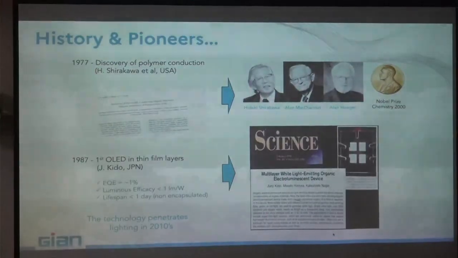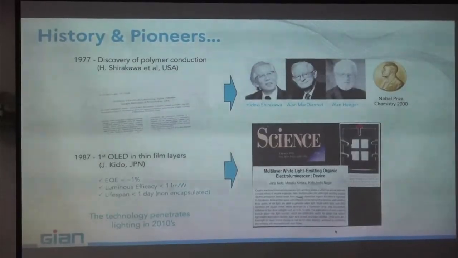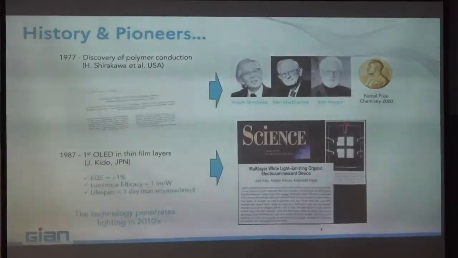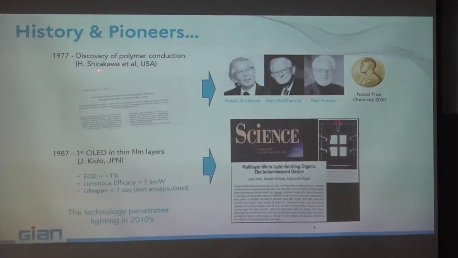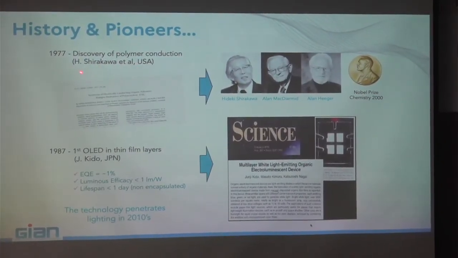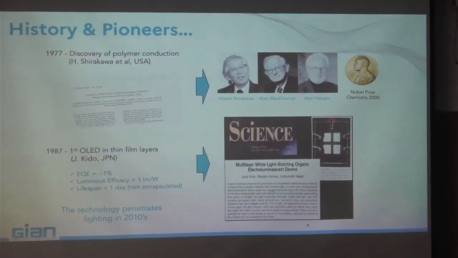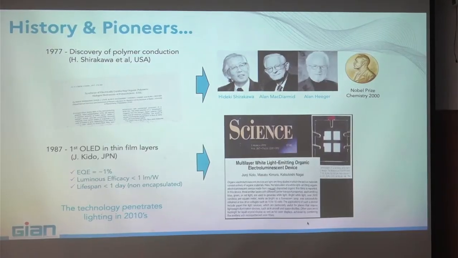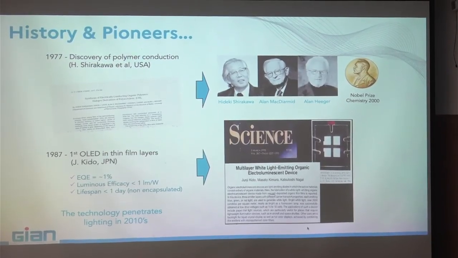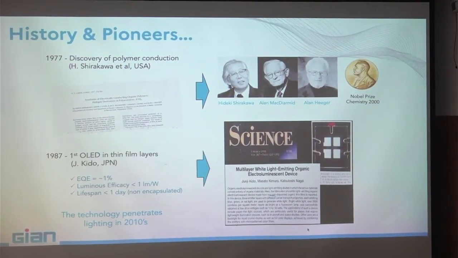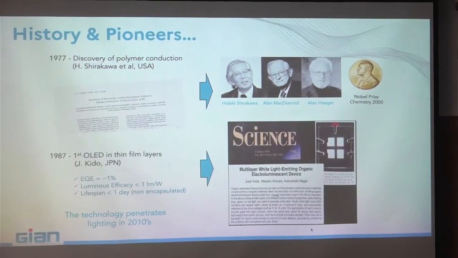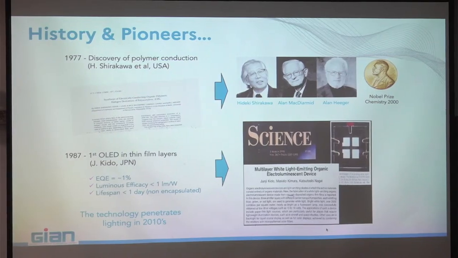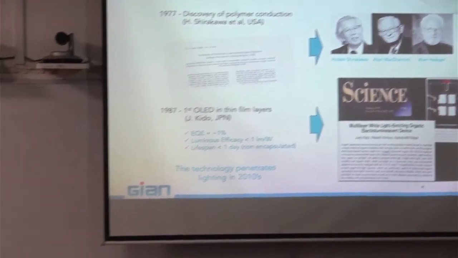In fact, as I told you, plastics are insulators, but not all plastics. What we call the conjugated polymers, discovered in 1977 by Shirakawa and others, are semiconductors. I would say more semi-insulators, because the conductivity is really very low, but current can pass through, not in the ohmic way.